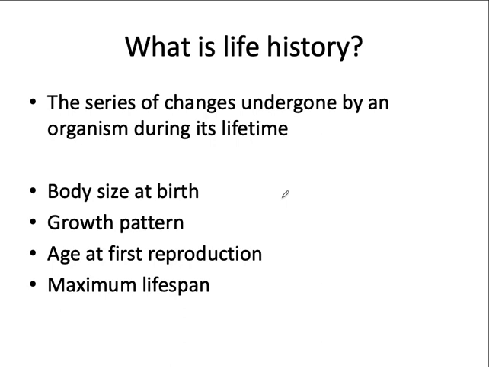Modern humans, Homo sapiens, our species, has a particular life history profile that differs from our close relatives. One of the things I mentioned before is that we have a very long lifespan compared to chimpanzees and gorillas, even though they also live reasonably long.